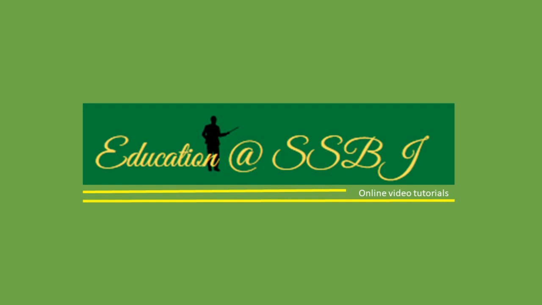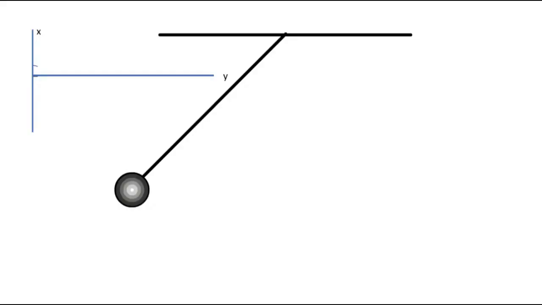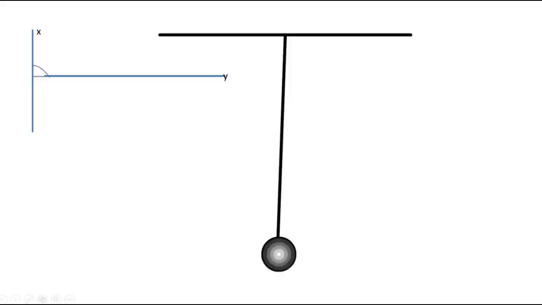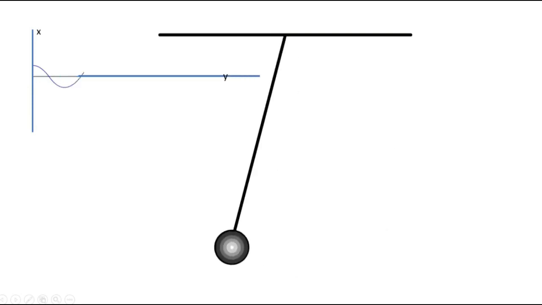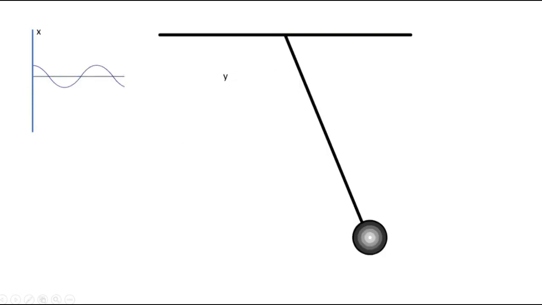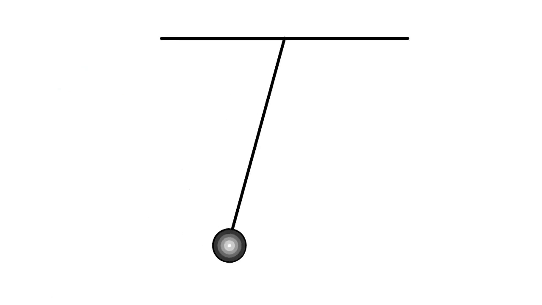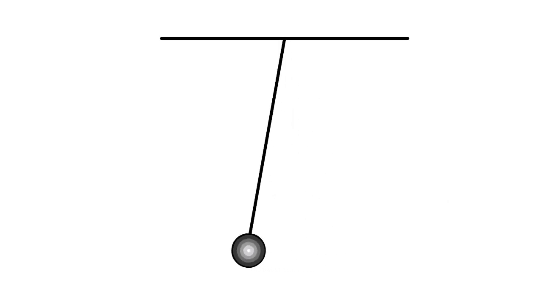In the previous video lessons, we have learnt how to represent any vibrations in terms of graph. Maybe it is disturbance in the pendulum movement, or maybe a disturbance in the water. Every vibration can be represented on graph.